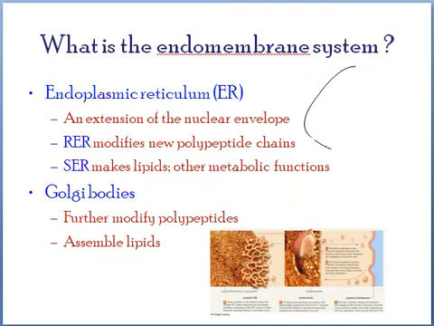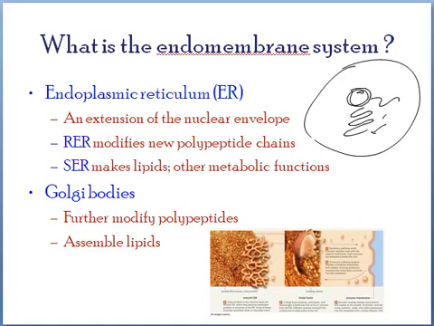So if this was my cell and I had a nucleus over here, the nucleus has two membranes, and the second membrane starts coming out in these folds, and it forms what is called the endomembrane system. And this endomembrane system is very extensive in eukaryotic cells. On the endomembrane system, there are sometimes beads present, and these beads are the ribosomes.